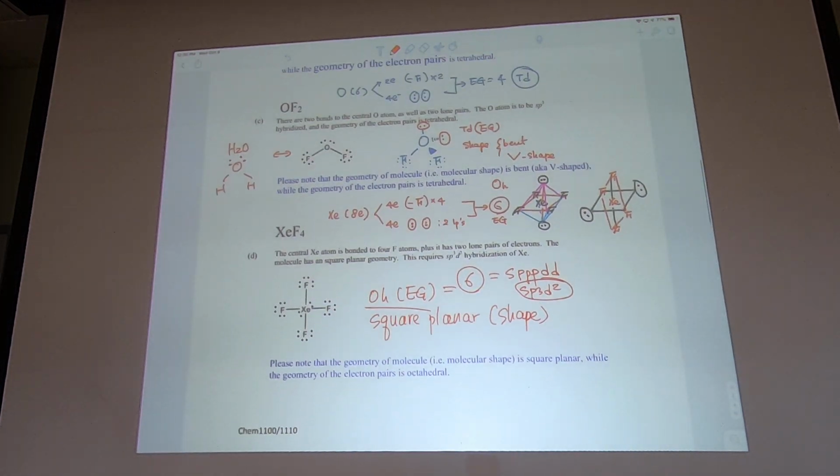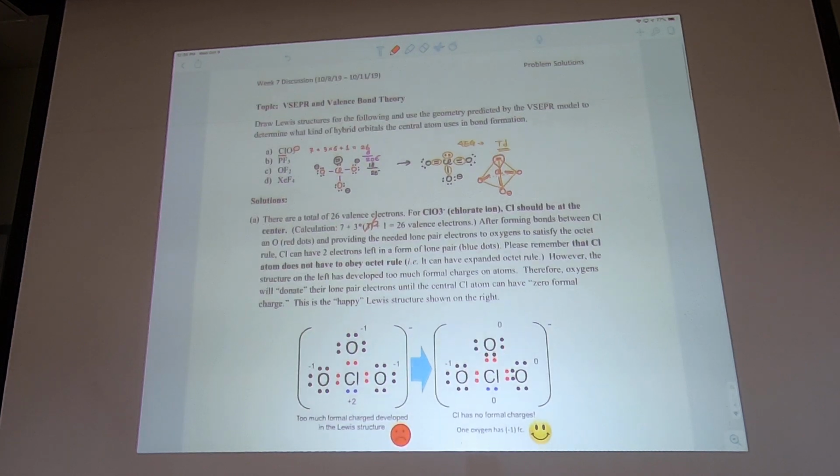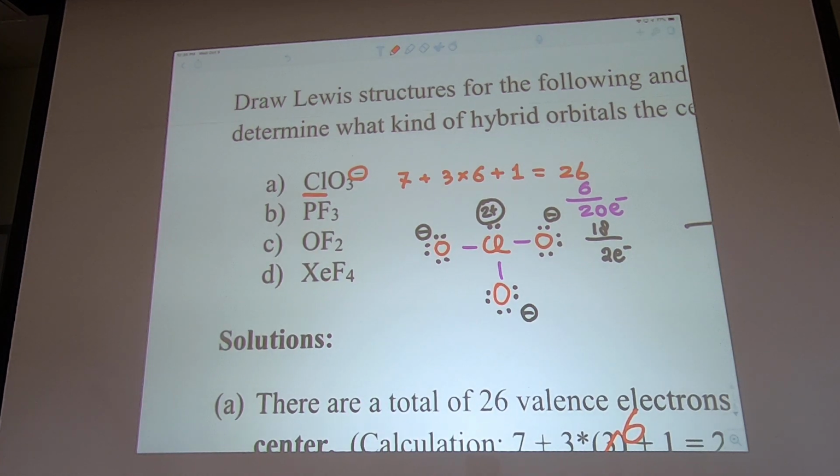That's why I told you, even going back to the previous one, this is an easy problem. That one is essentially about oxygen, whether forming a single bond or a double bond to minimize the formal charges, and then you count the electron groups to determine the electron geometry.